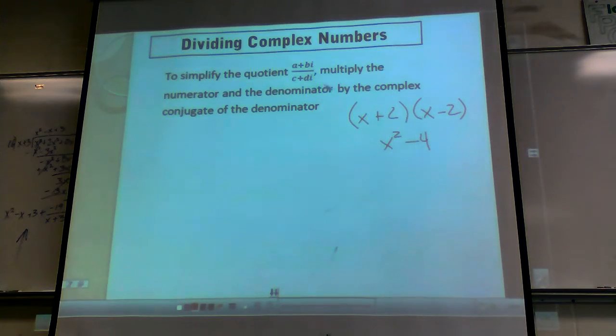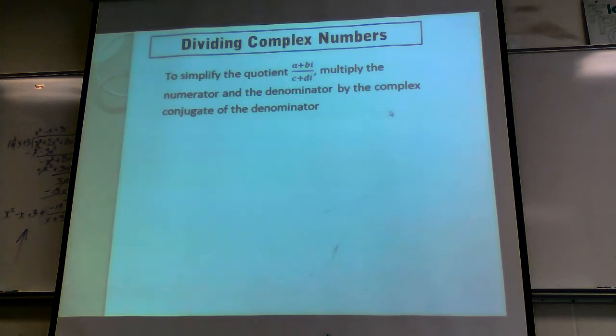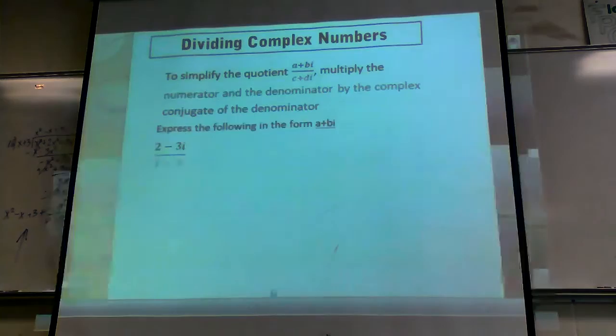That's the whole idea here, you want to get the imaginary numbers out of the denominator. You still have them in the top, that's fine, it's not an issue. So, for example with these, if I said I want you to take this and express it in the form a plus bi, which means I want everything on one level, I don't want any big fractions.